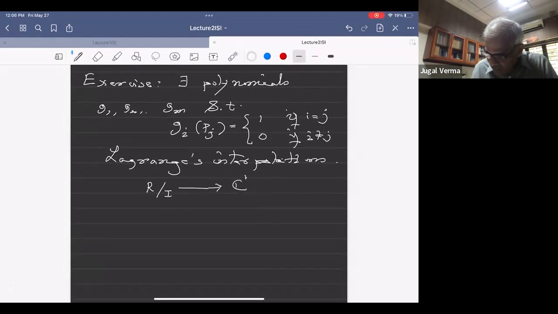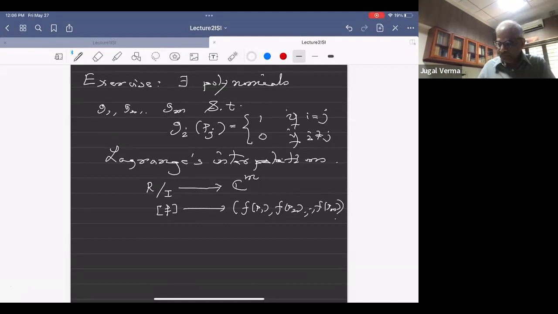Now let me define a map from R mod I to this m-dimensional complex vector space. Elements here are residue classes of polynomials, and I will map f to an m-tuple: calculate f at P1, f at P2, up to f at Pm.